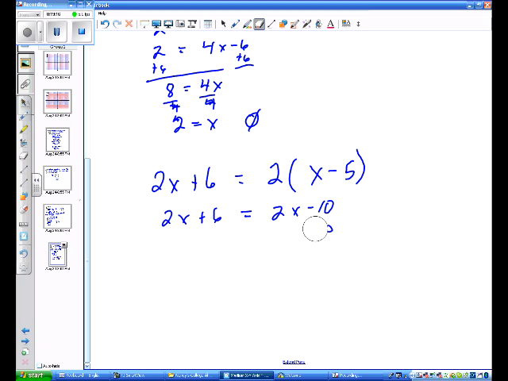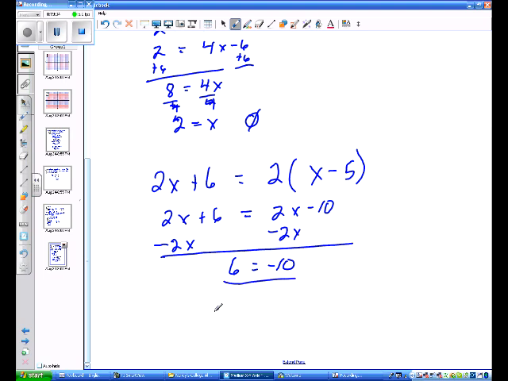Let's go ahead and get rid of our variables. So if we subtract 2x from both sides, we have 6 equals negative 10. Our variables dropped out just like they did with an identity, but what we have here is a false statement. 6 doesn't equal negative 10. So that lets us know that there's no solution, or that the solution is the empty set.